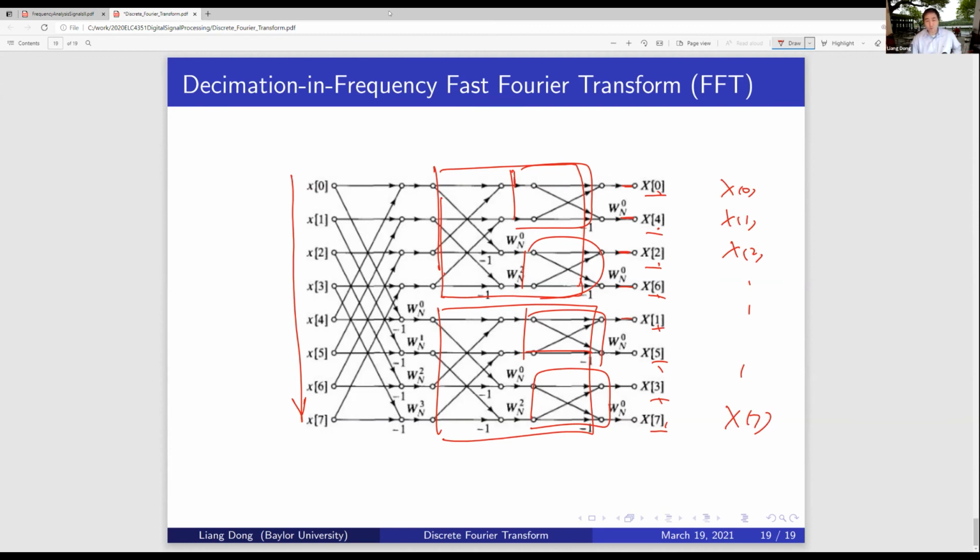At this time, what you need to do is reorder those connections. You can think of this as a topology change. You change these 4 to here, to here, and then the interconnections get somewhat messed up. It's not messed up, though. It's still a very nice picture. It looks like a good pattern, but it's just another way of reordering. So that's another way of people programming the FFT.